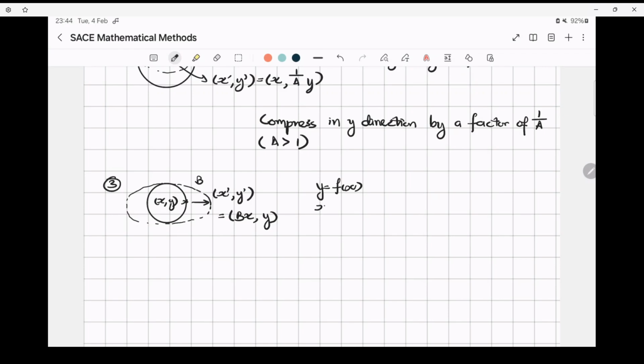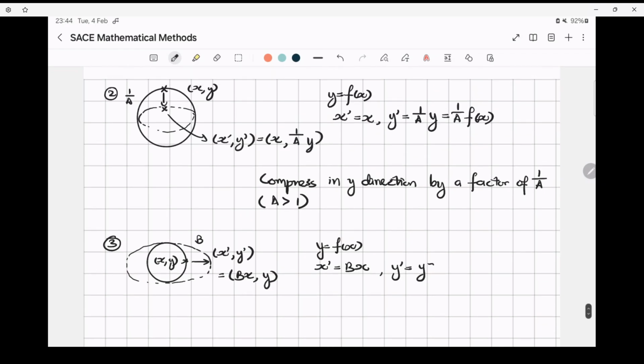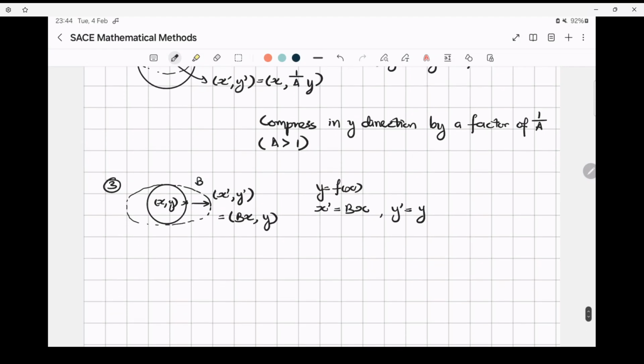And now x prime equals b multiplied by x. Y prime equals y. So here's something that you need to be careful about, because y is a function of x. So you sort of need to write this particular function in terms of x prime.